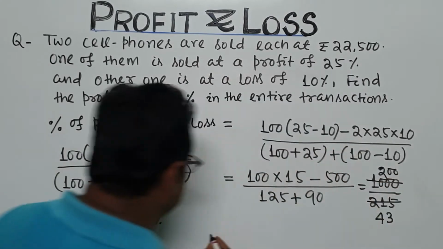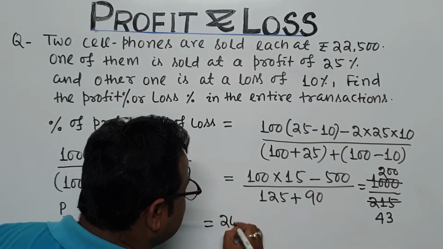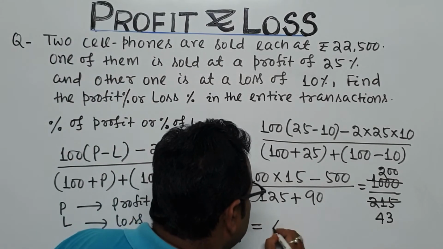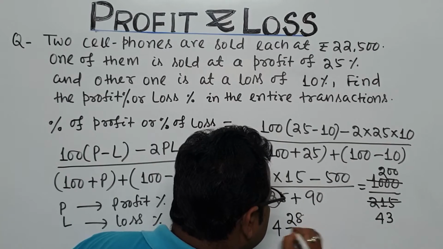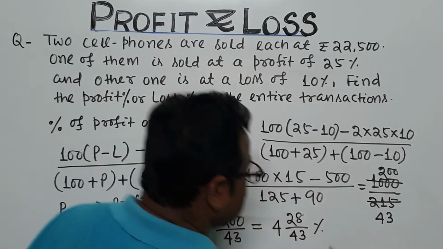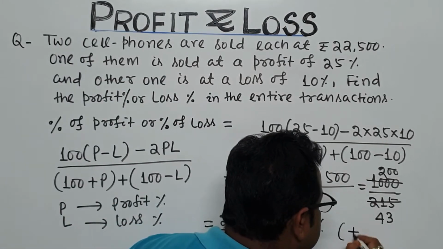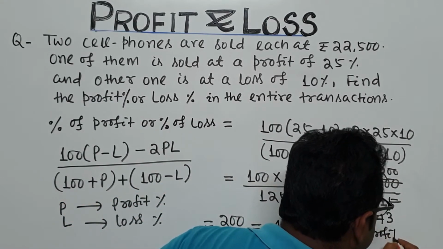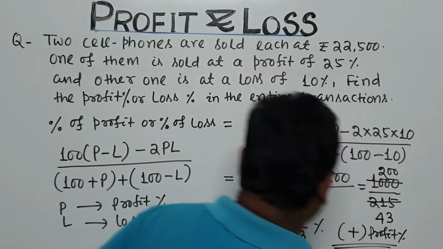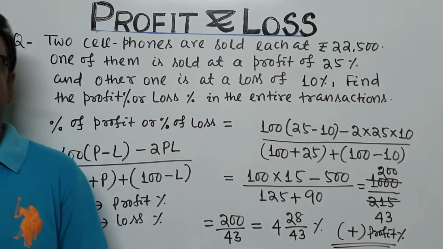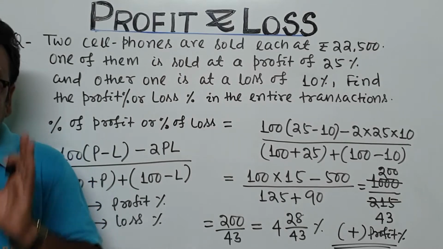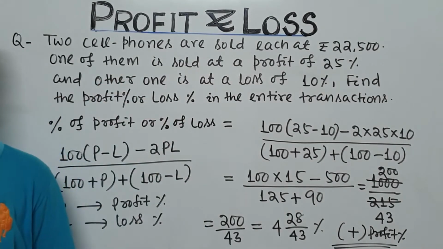So that is equal to 200 by 43, which is equal to 4 28 by 43%. So the value is positive, hence it is profit percent. So this is the shortcut trick we are applying to solve this type of problem. I hope that you must have enjoyed it.